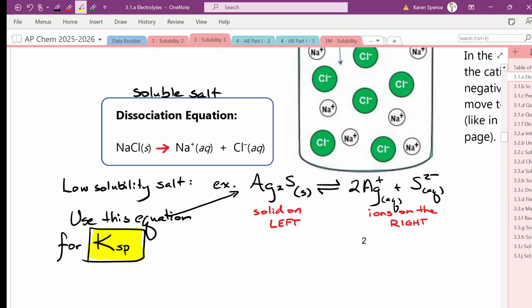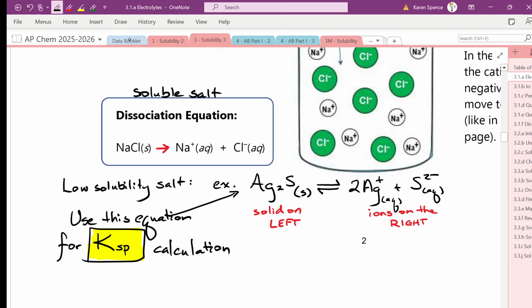For Ksp calculations, it really matters that the solid is always on the left and the ions are always on the right, because it means it's going to be consistent. If I started flipping it over, then all of a sudden the K values would be upside down.